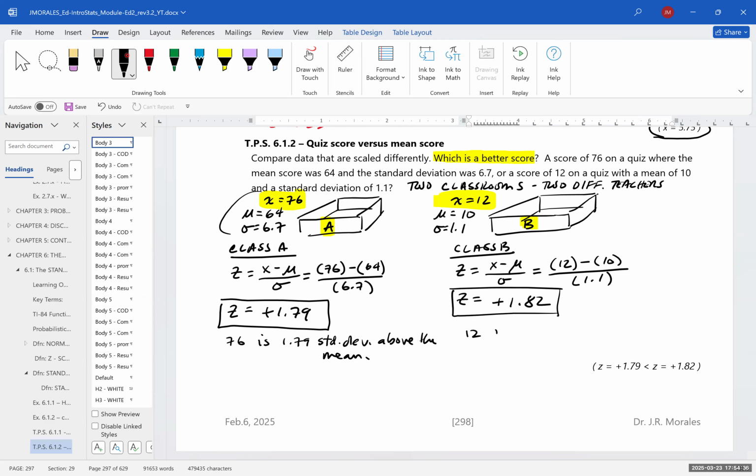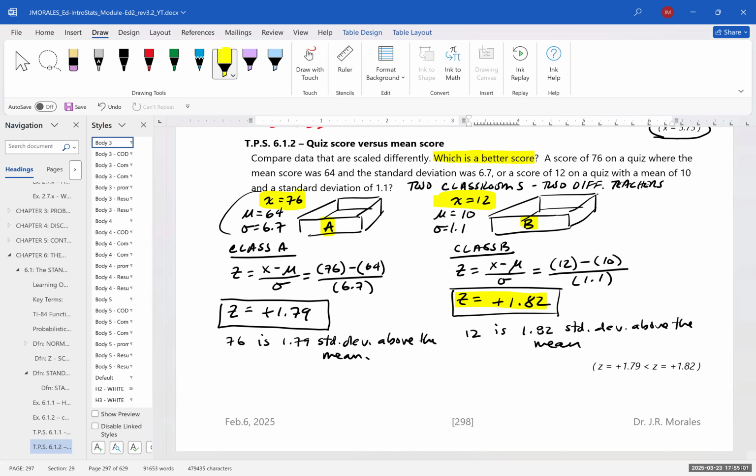So 12 is 1.82 standard deviations above the mean. Relative to each class, who had the higher score? Well, it's going to be the one with the higher z-score.